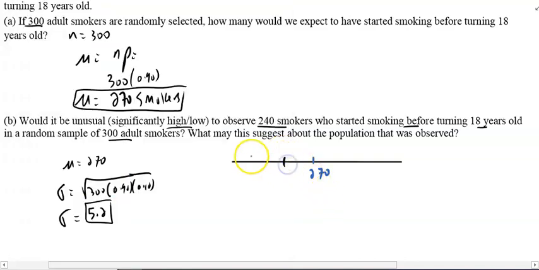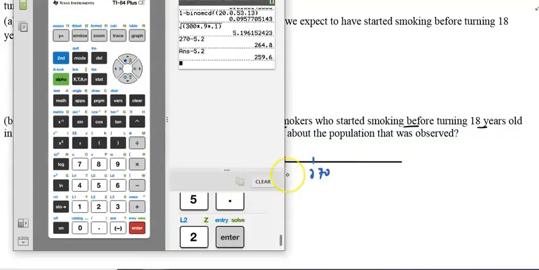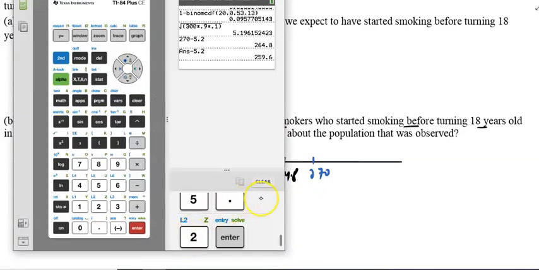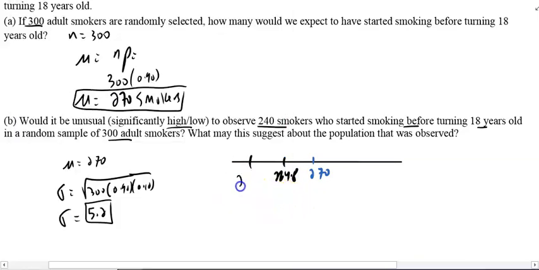So that is 264.8 and 259.6. Do you see that 240 smokers are below 2 standard deviations? Right? So we say unusual.